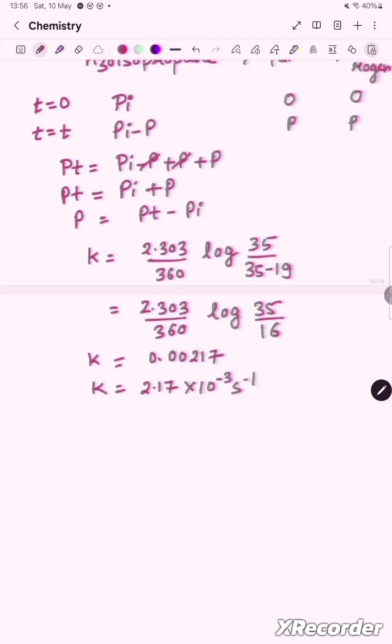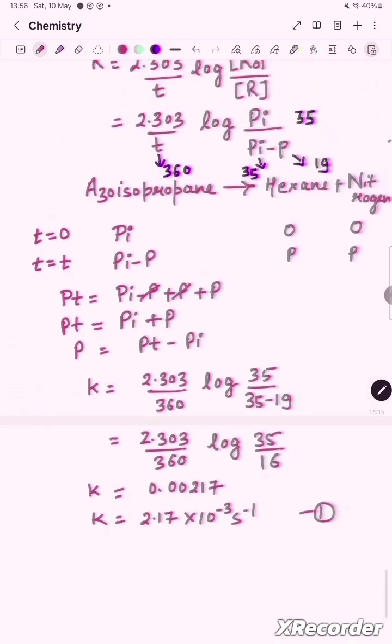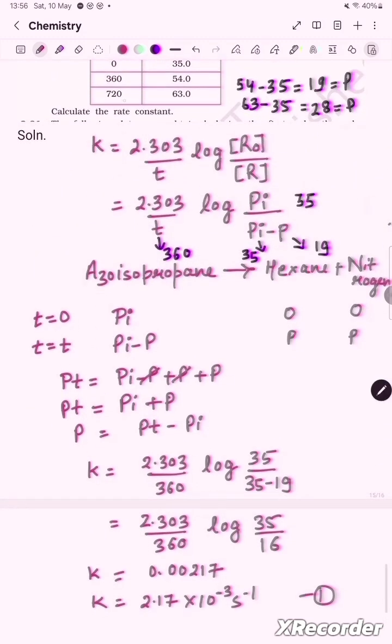So this is the first k value, and now the second k value at time 720 seconds.